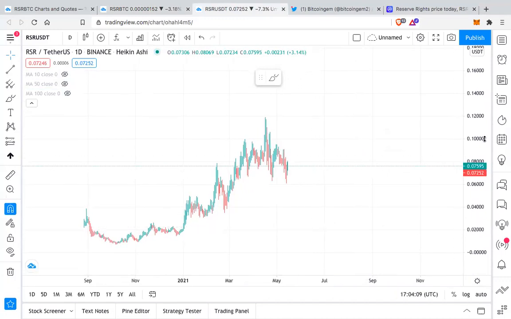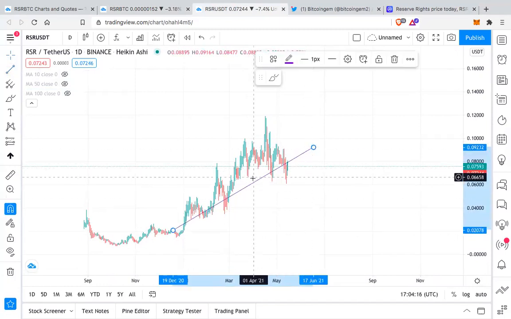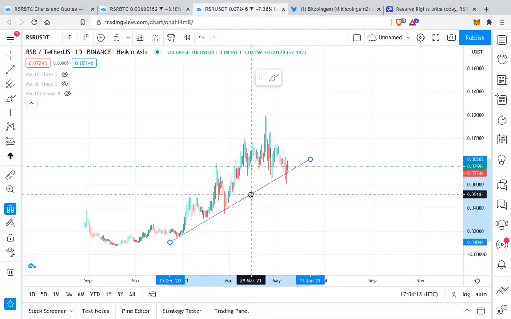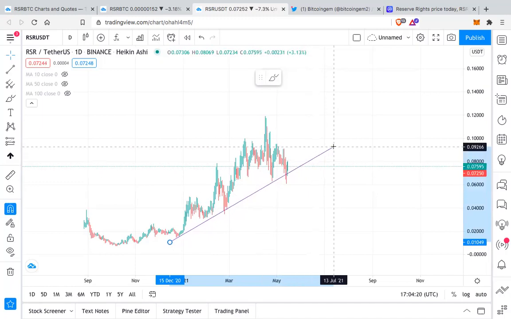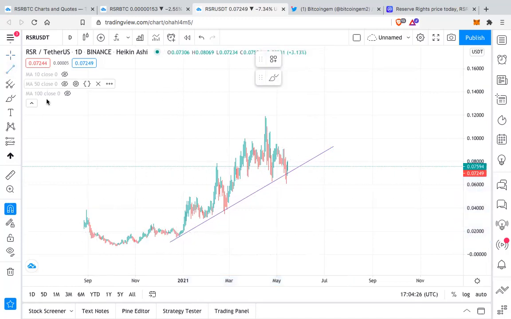As you can see, this is overall an uptrending chart, a bullish chart, and it's been on an amazing uptrend since this breakout in December 2020.